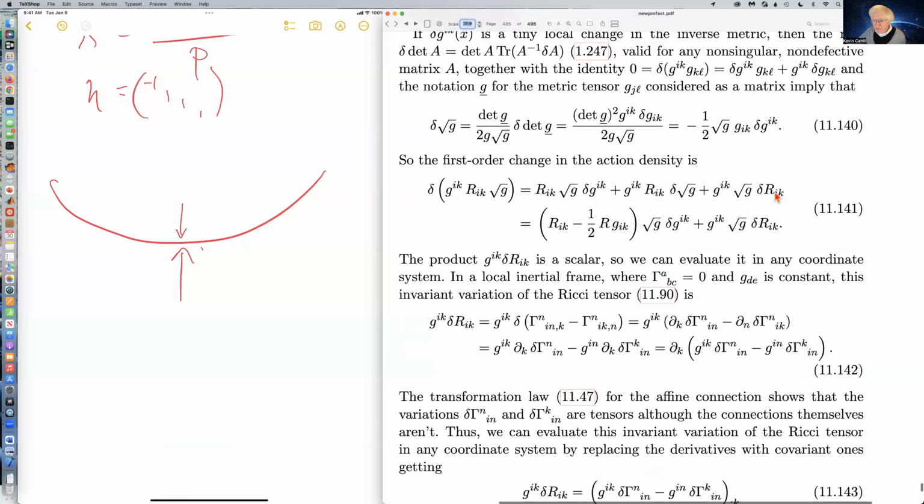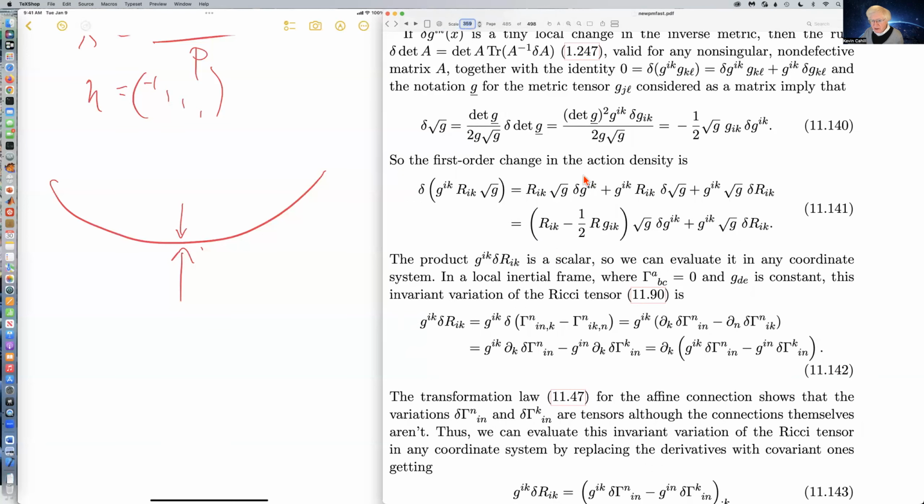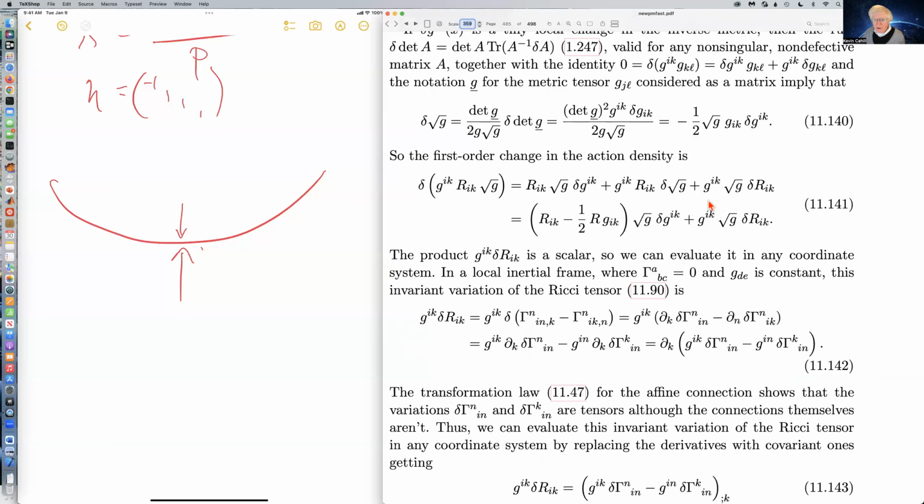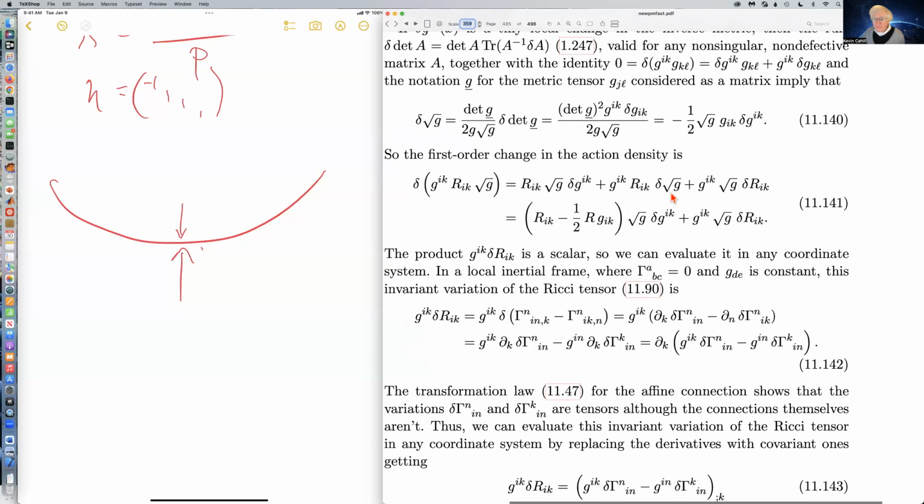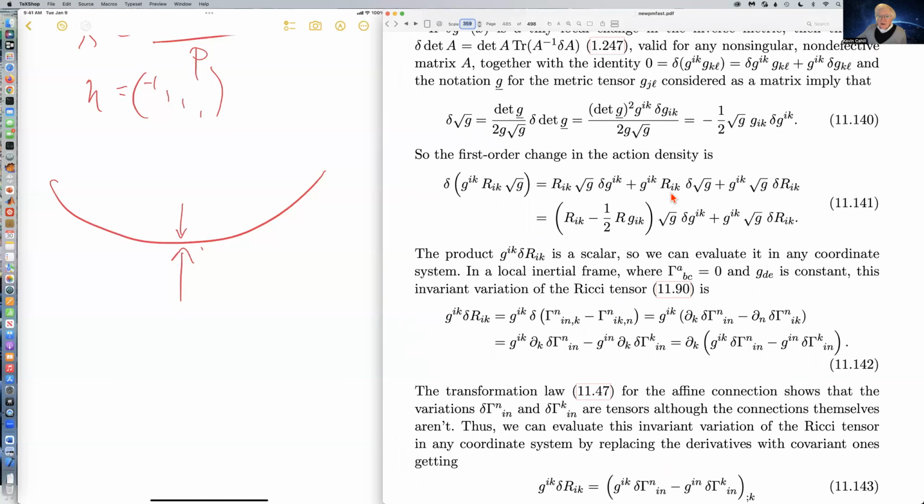And so if we leave this here, we see we've got two things that we can combine, namely the R_{ik} times the variation of the inverse tensor, and over here, the variation of the square root of g, that's this, gives us a variation of the inverse tensor.